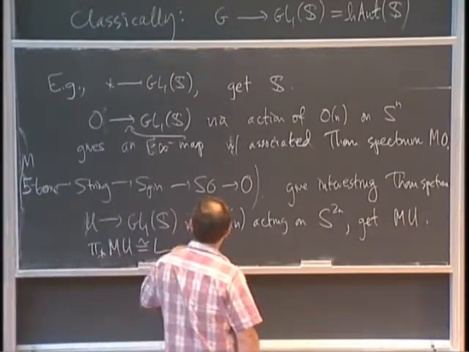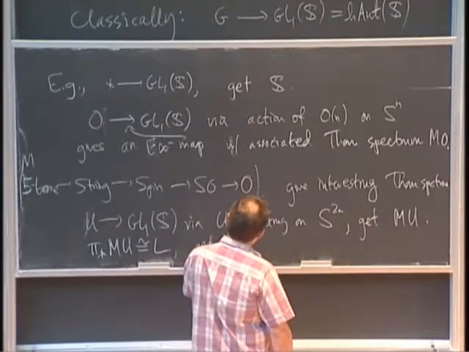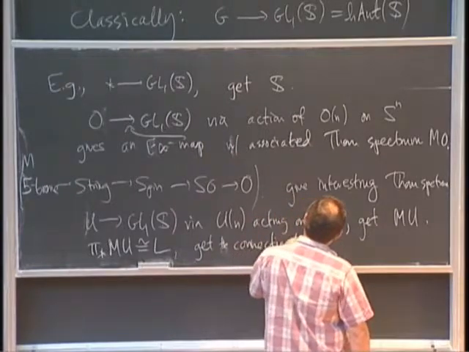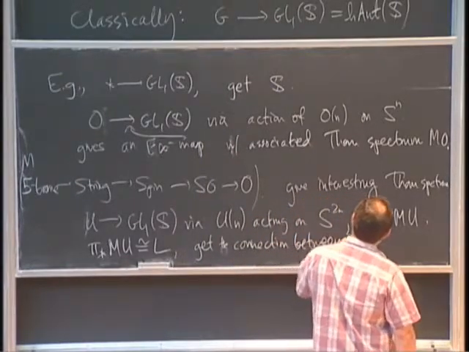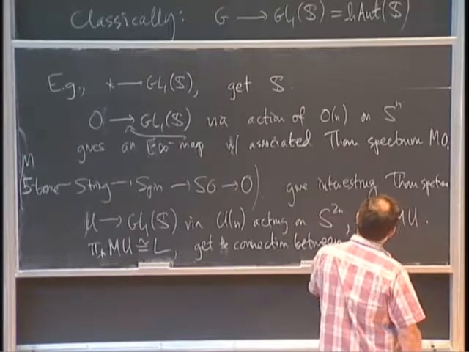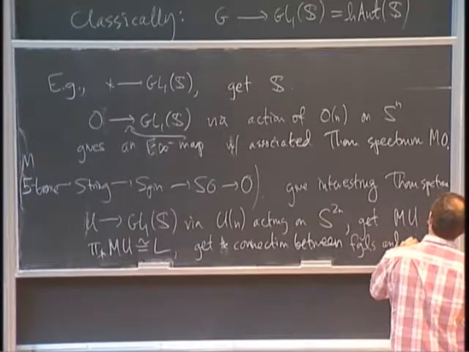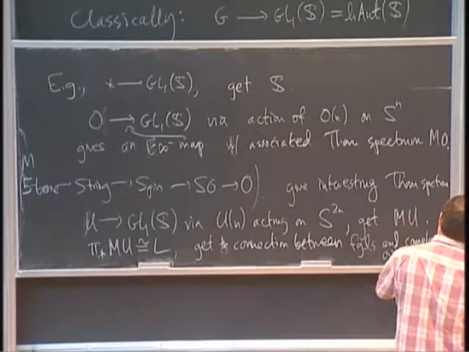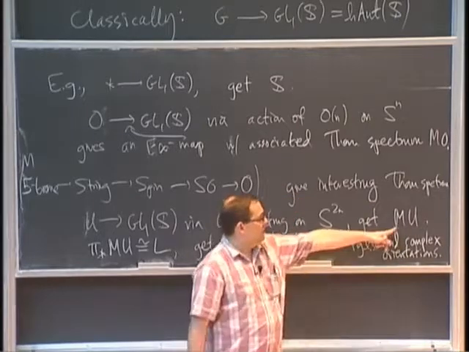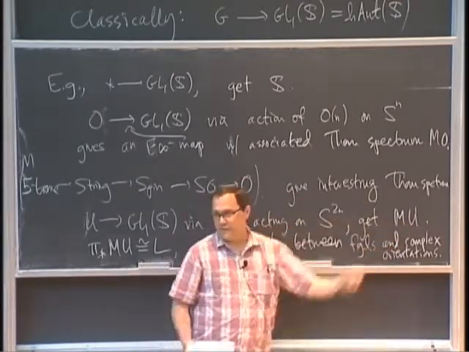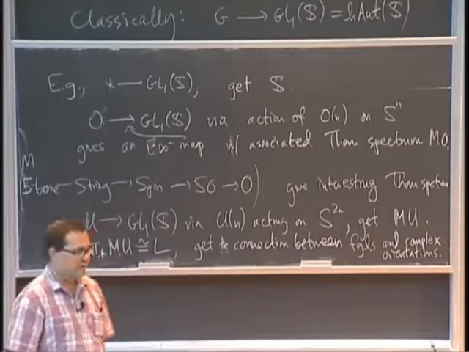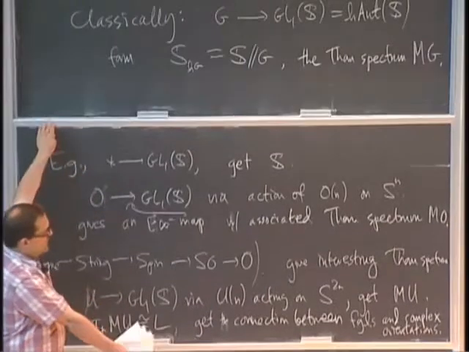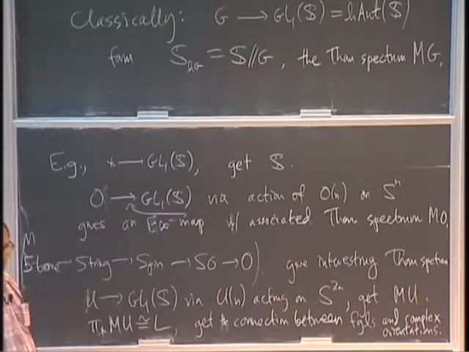And through this connection, we get the connection between formal group laws and complex orientations, which are ring maps from MU to some homotopy commutative ring spectrum R. And of course, this has played an essential role in modern algebraic topology.